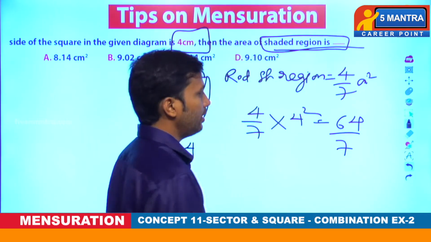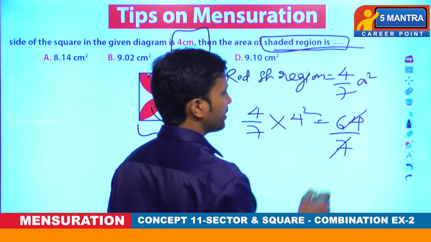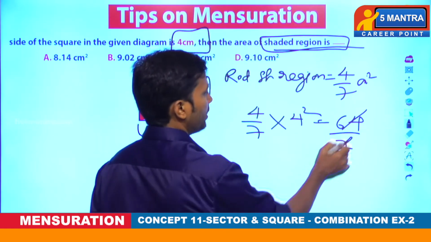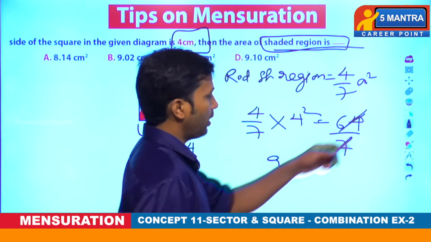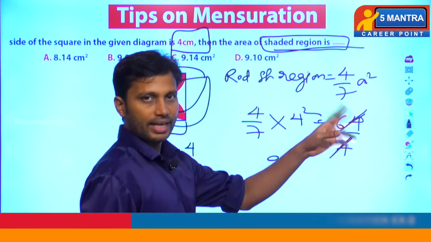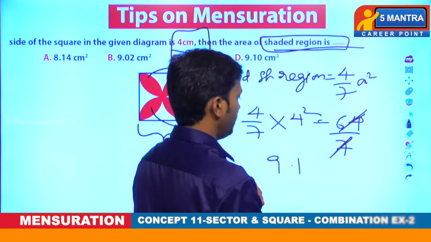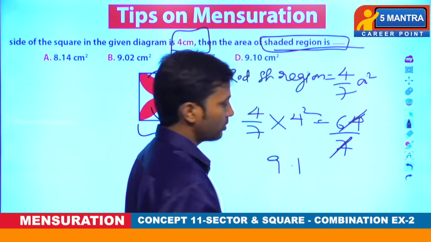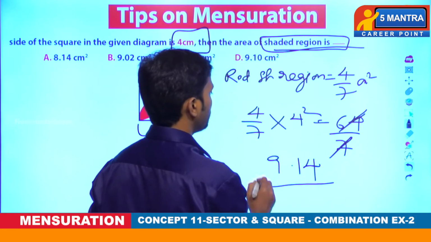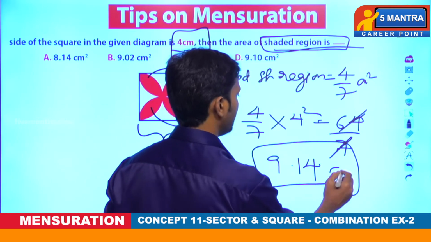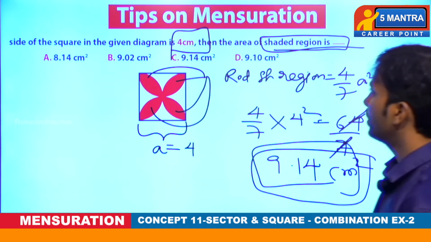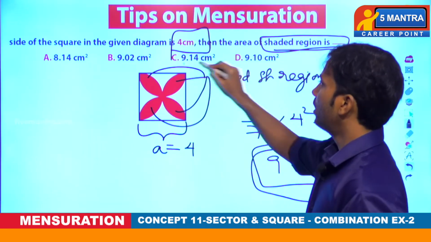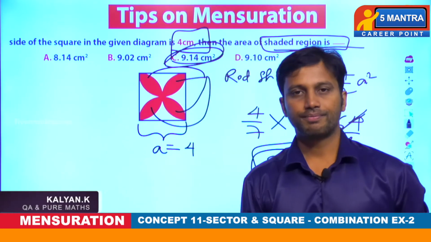And what is your answer finally simplified? 7 9s are 63, and 1 will be the remainder. Then 10, so 7 1s are 7 and 3, 30, so 7 4s are 28. So the shaded region area finally is 9.14 centimeter square, which is the third option out of the given ones.